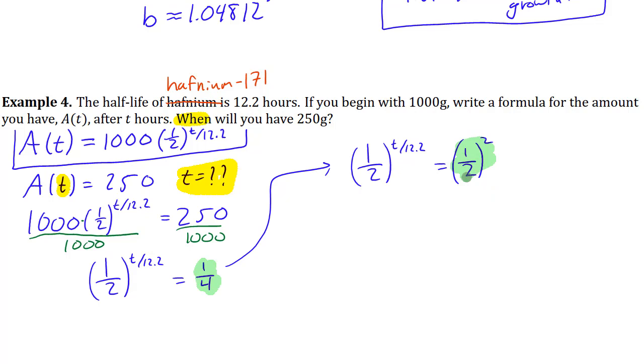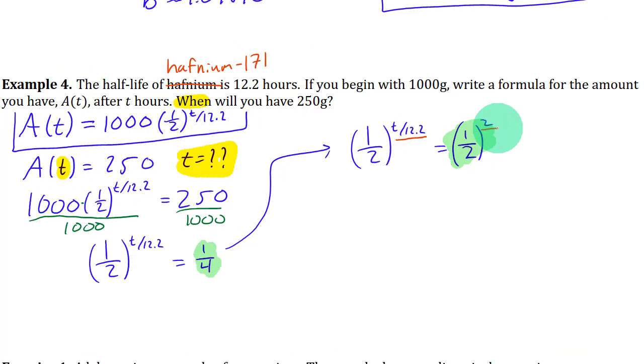And I wanted to do that because that was the method that we looked at in section 6.4, where if you can make both of these sides of the equation be 1/2 to a power, and what we're trying to do is find out what t makes this true, what really makes them equal, it's going to be whatever t makes the exponents the same.